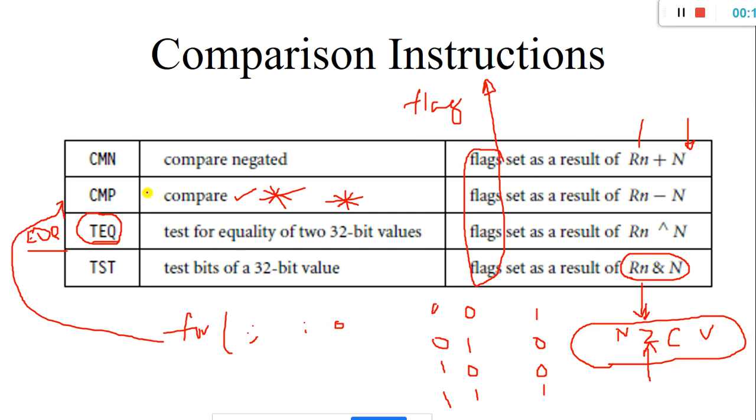Now I'll show you with respect to CMP instructions how the compare instruction is used in programming, and how comparison instructions vary the flag conditions based upon your input. This part we'll see.